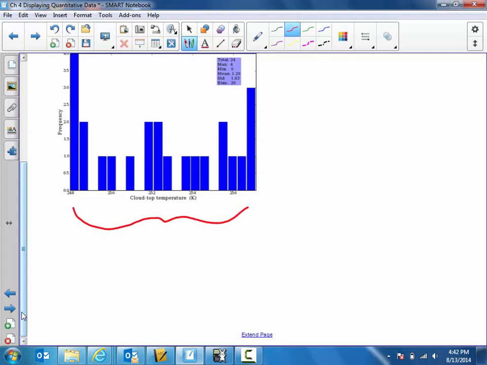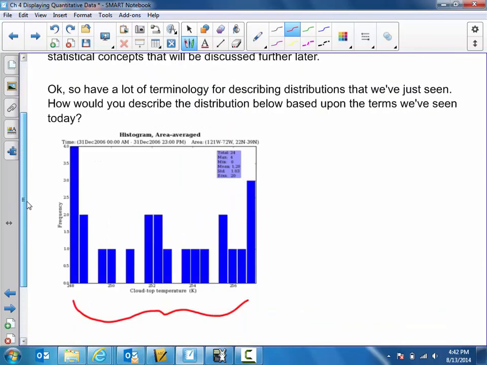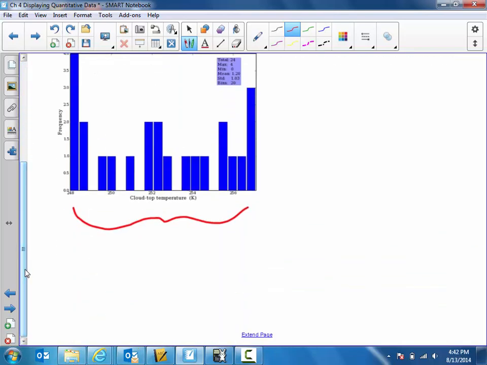In terms of the spread, we can look at this guy to talk about the spread. To look at the spread, just tell me what the range of data values is between high and low. I would include two things when doing that.